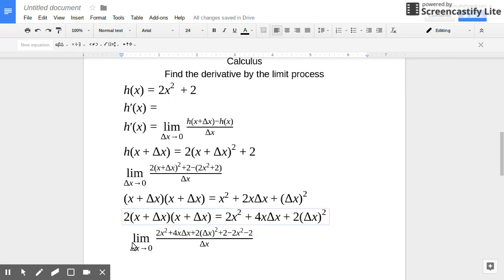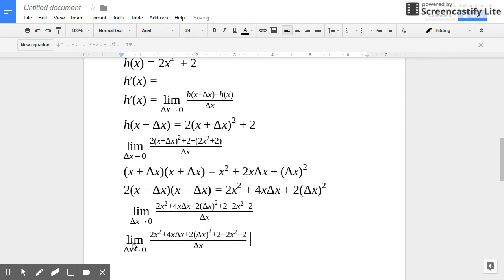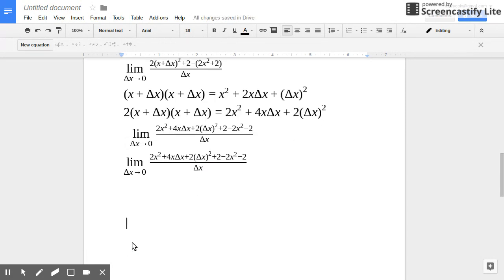All right, so let's, I guess instead of rewriting all that, we'll do another copy paste. All right, so let's go through and we have a negative 2, that's going to cancel. Then we have that 2x squared.